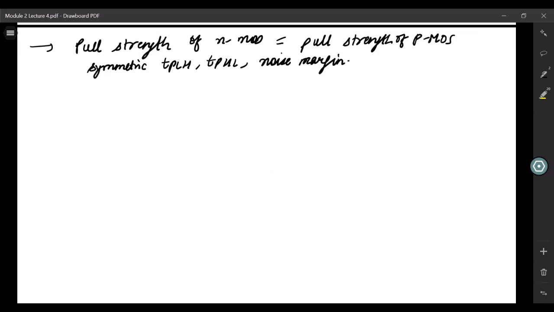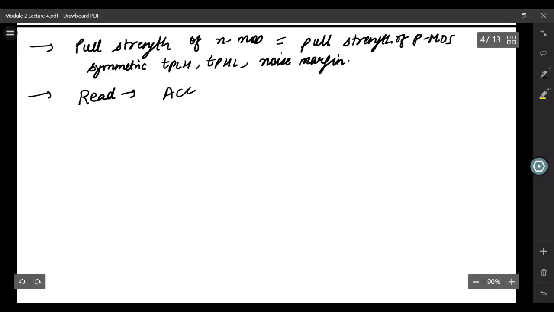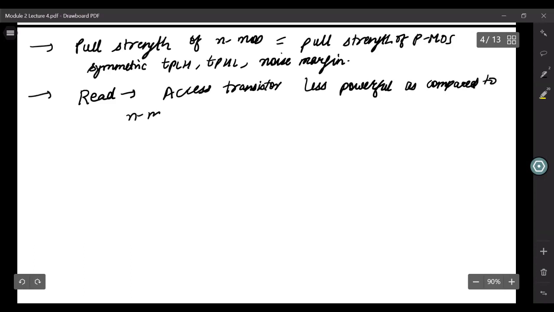However, here we get stuck with two different conditions. First, for read, your access transistor has to be less powerful as compared to your inverter NMOS.